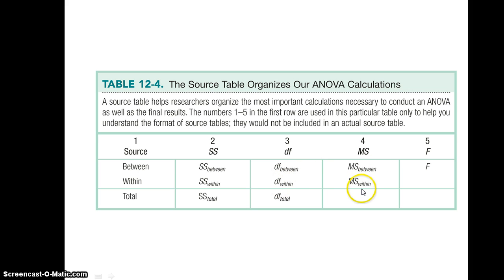We can also do the same thing with sums of squares within divided by degrees of freedom within to get mean squared within. Again, that's an average deviation for within groups variance. And then when we want to get the F statistic, we take our mean squared between divided by the mean squared within, and that will give us our F statistic, which is the thing we actually compare to that critical value.